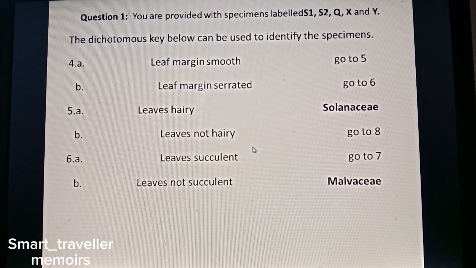5A, leaves hairy, you identify that one as Solanaceae. Notice that these are Greek pronunciations, and of course we are trying our best. Leaves hairy, you go to 8. Leaves succulent, go to 7. While if leaves are not succulent, you have the identity Malvaceae.